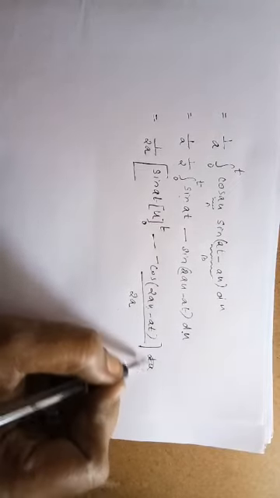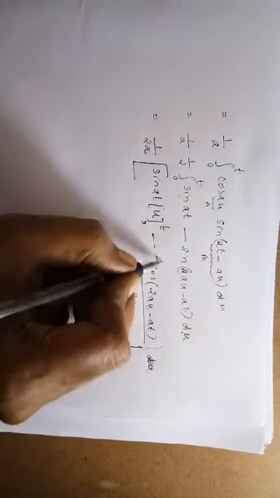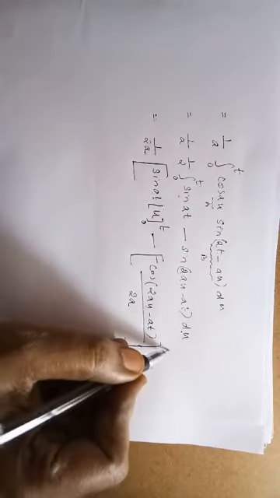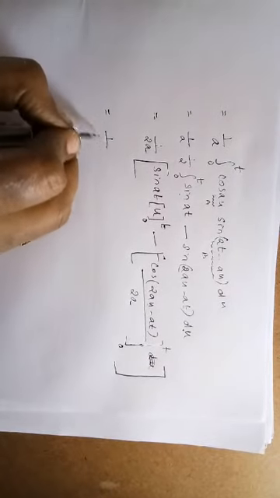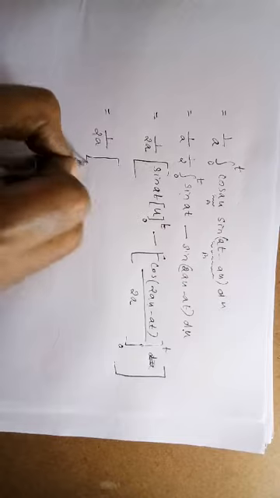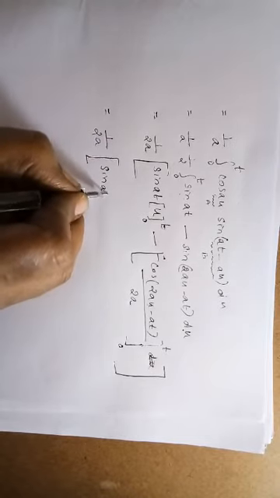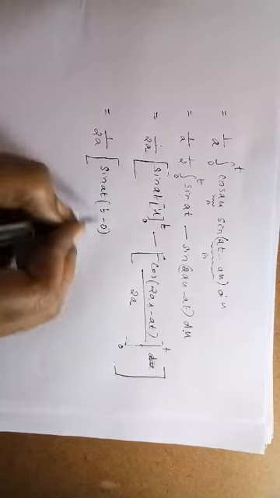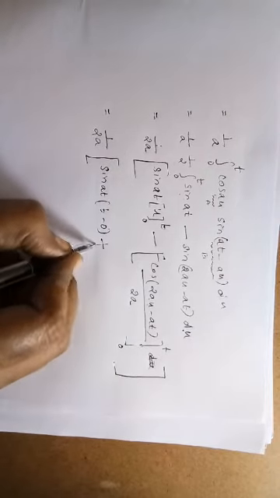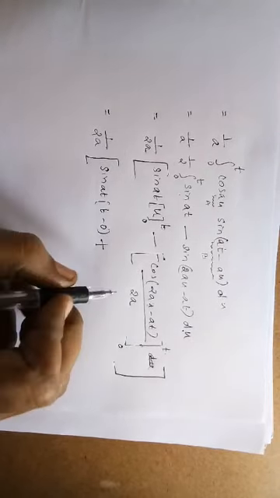Here also we have to apply the limit 0 to t. Clear? That is 1 by 2a, sin at times upper limit minus lower limit, so u is t minus 0, then minus becomes plus cos.